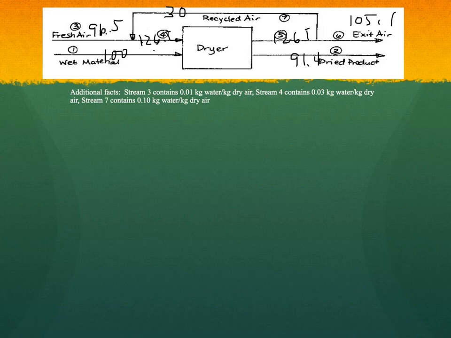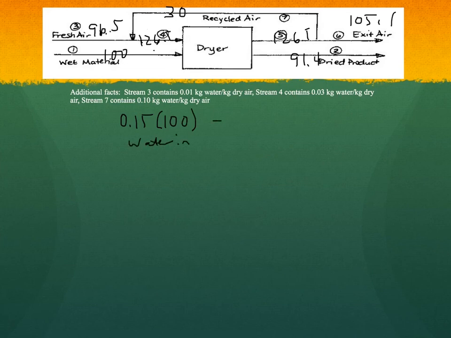Now we can answer the questions that were originally asked. What they had asked was how much water is removed. So I came in with 0.15 times 100. That was my water in.